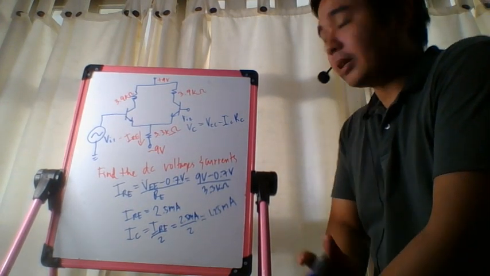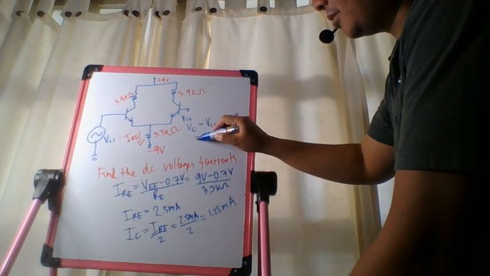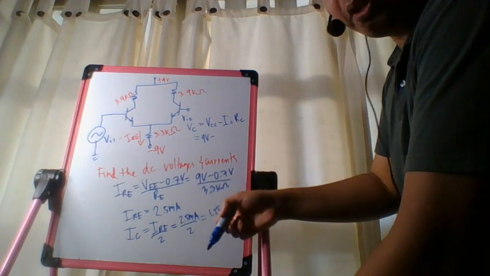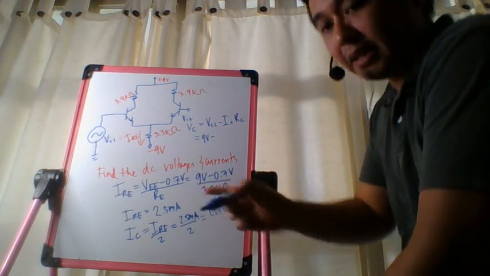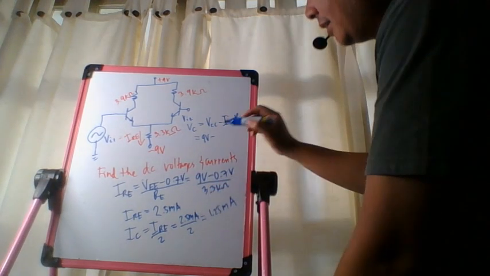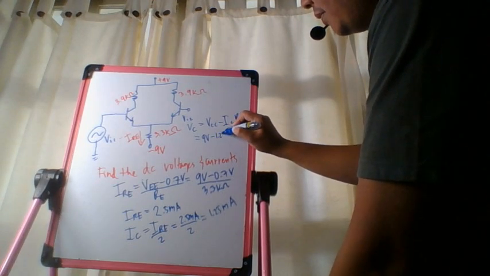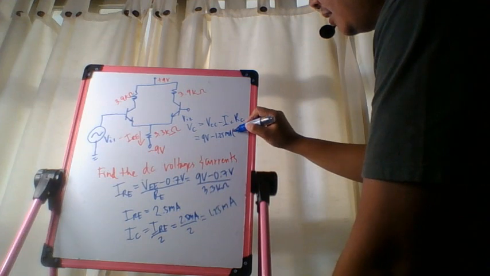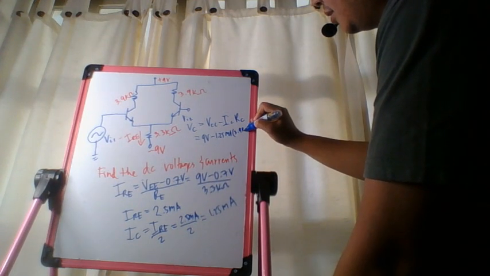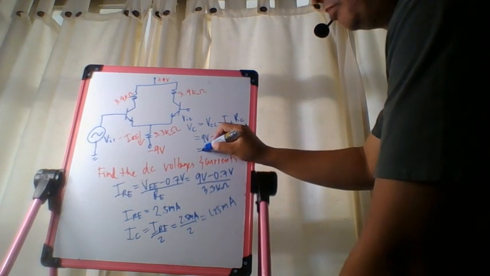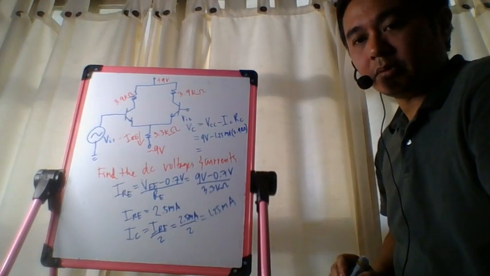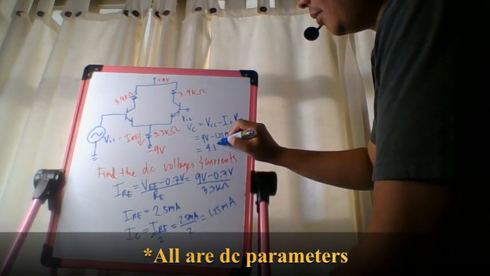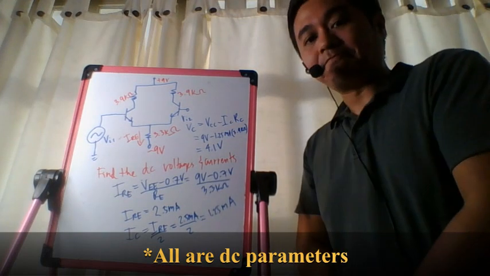And then just directly substitute the values. We have 9 volts minus 1.25 milliamperes yung value ng IC na nakuha natin kanina. So we have 1.25 milliamperes multiplied by 3.9 kilo ohms, which will ultimately give us 4.1 volts for the output.